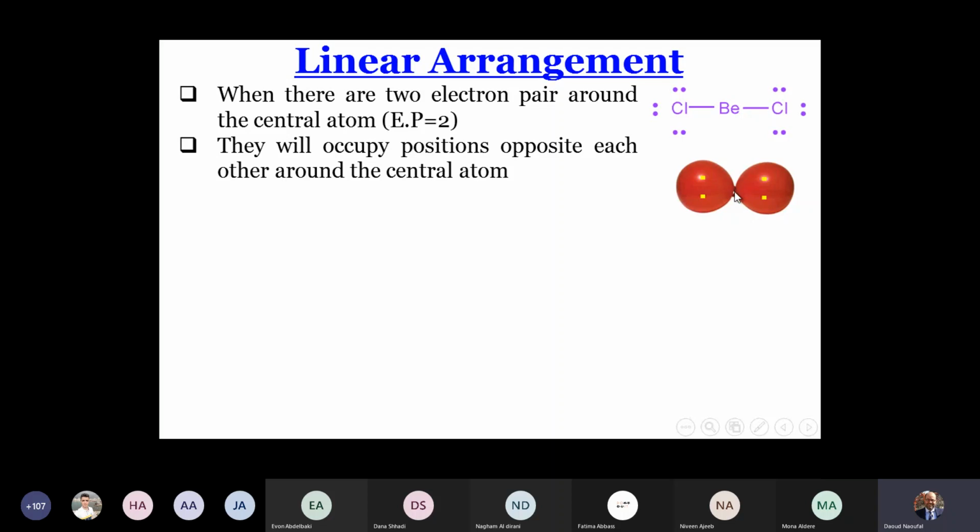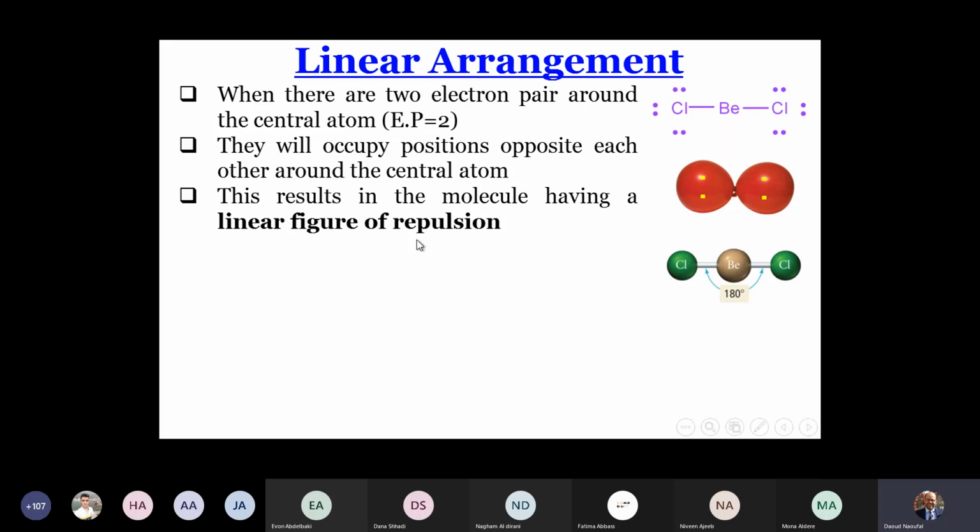So they will occupy positions opposite each other. So the central atom is at this point. In the first balloon, we have 2 electrons bonding, and in the second balloon, we have 2 electrons bonding. So the best structure, the minimum repulsion, is when these 2 balloons are 180 degrees apart. So the figure of repulsion in this case is linear.